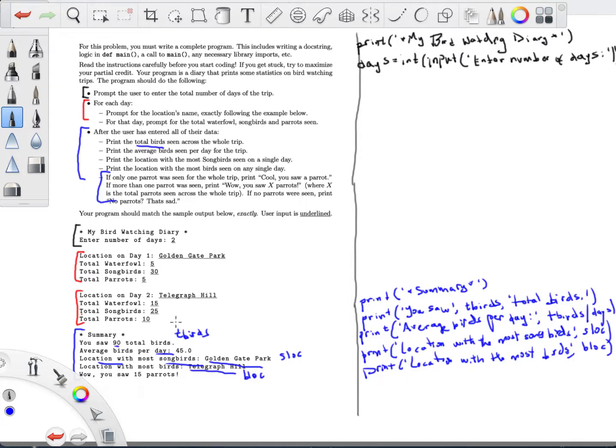And I need to somehow keep track of total parrots. So I'm going to say I'll keep that in some variable called p. And I'll just say if p equals 1, then I would print cool, you saw a parrot.